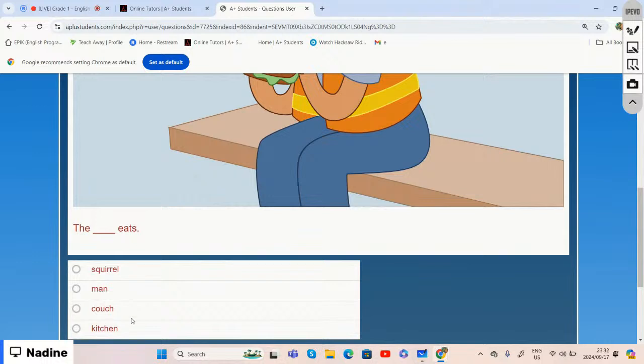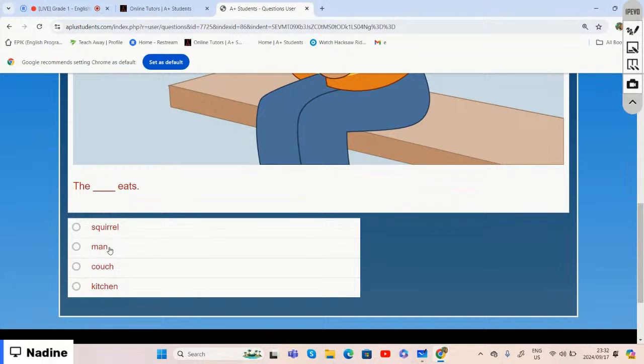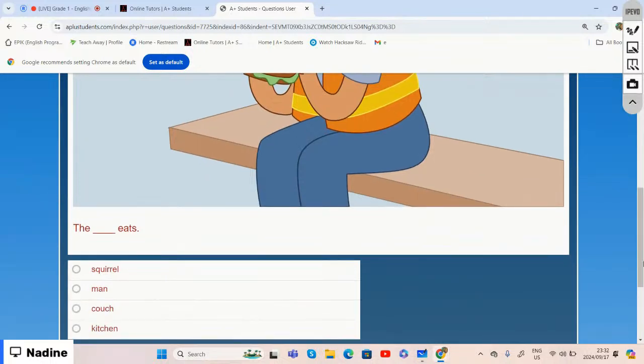Or do we say the kitchen, option 4, eats? Who eats? Which one is correct?